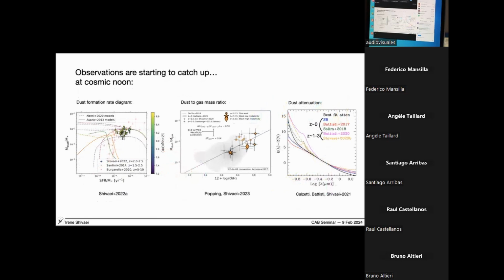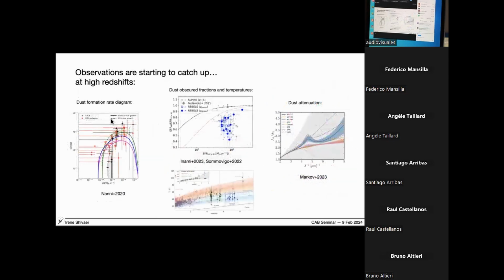And here are a few examples at what used to be high redshift cosmic noon, but now it's maybe intermediate redshifts. From my work and my colleagues, looking at the dust attenuation properties, again dust to gas mass ratio, dust formation scenarios, and also at much higher redshifts, there have been some advances in the field.